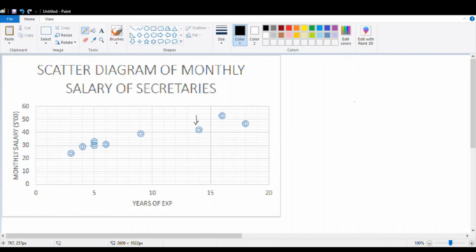Kalau yang second observation pula, the second row, x is 3 and y is 24. So this is the second observation, and you need to do it for each of the row ataupun each of the observation. Dan last kali you akan dapat this type of scatter diagram.